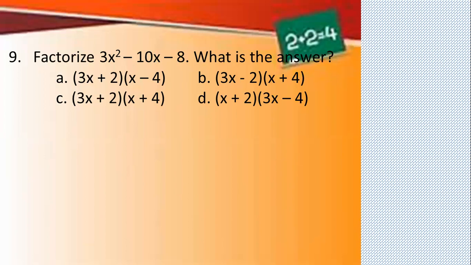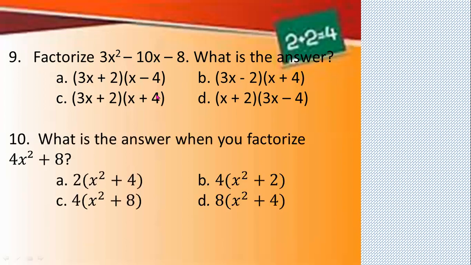All right, number 10. What is the answer when you factorize 4x squared plus 8? Okay, take out the common factor and you can have a perfect square. Okay, that is number 10.